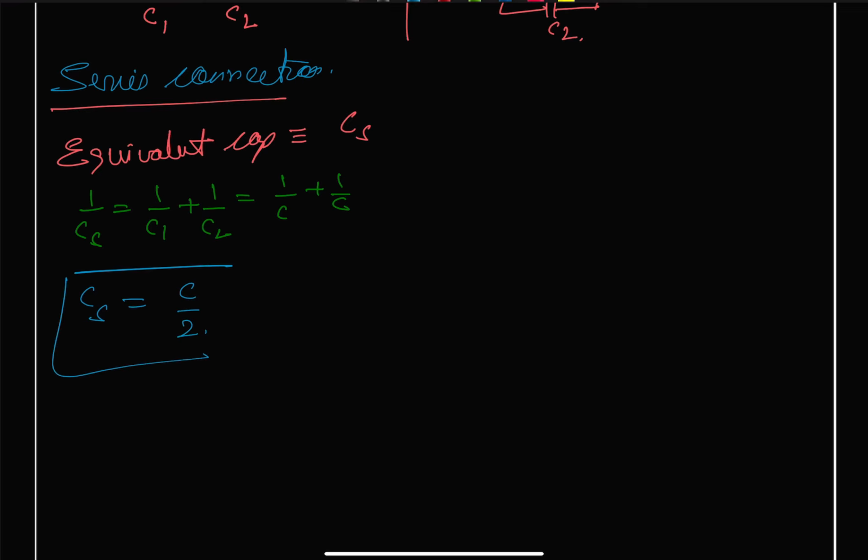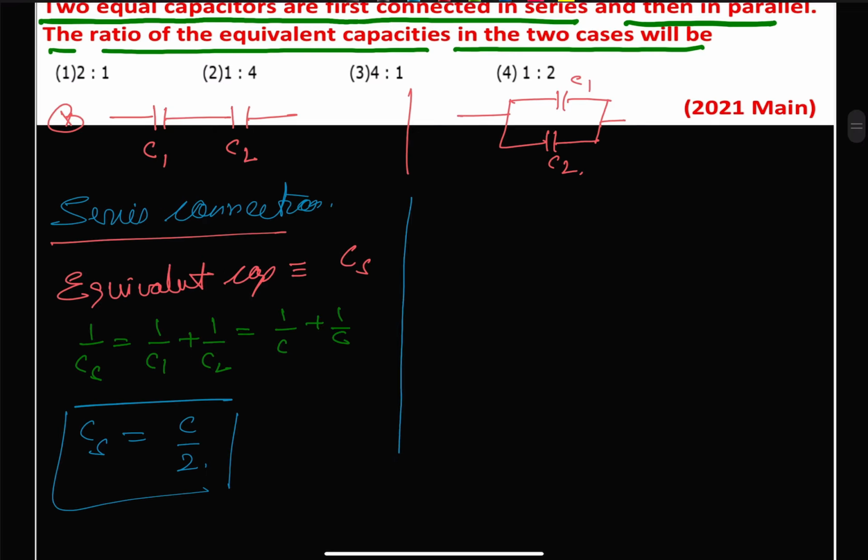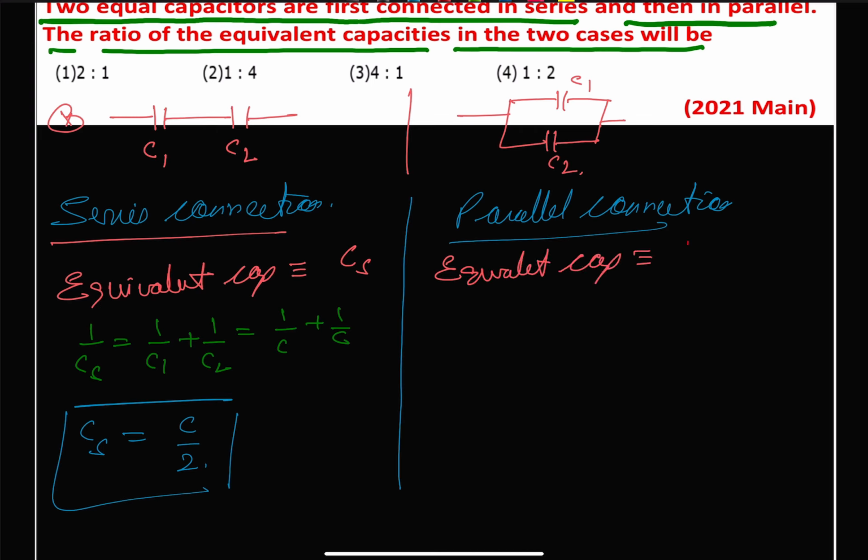Now we have a parallel connection, and the equivalent capacitance, let us suppose CP, will be equal to C1 plus C2, which is C plus C, giving us 2C.